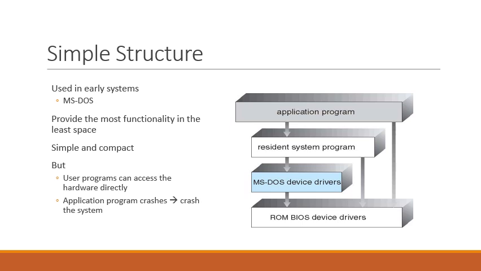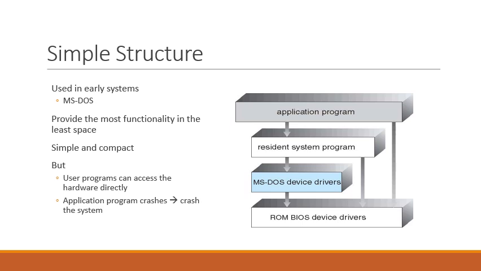At first it seems that MS-DOS has followed a modular and layered approach to design the operating system. However, careful examination of this figure will reveal that modules are not well separated and protected from each other. For example, application programs can directly access the hardware components.